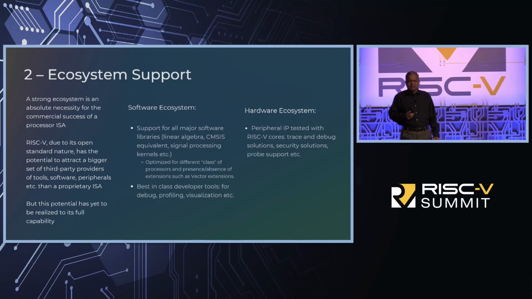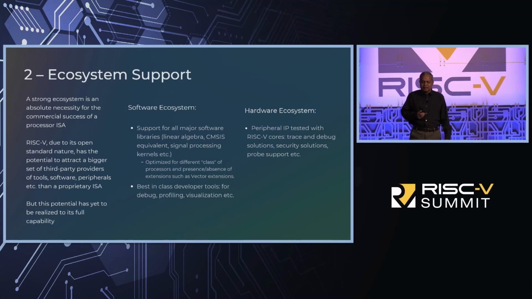And similar to this, there are also some aspects of the ecosystem, mainly the software aspect, where we would like more and more libraries to be developed, especially to address spaces like linear algebra, CMSIS equivalents, and some signal processing kernels.